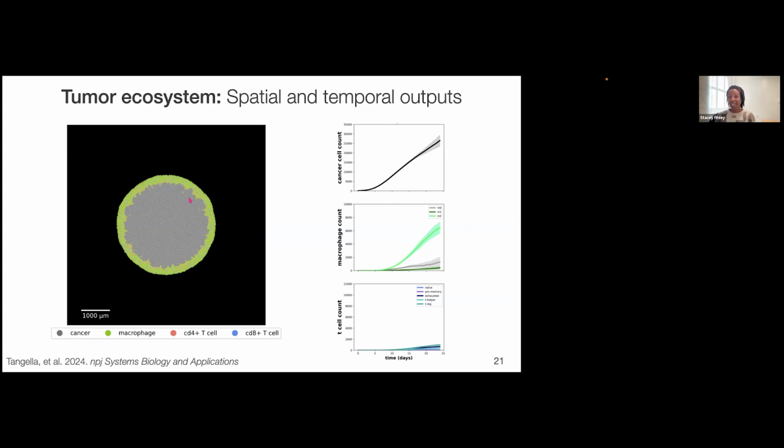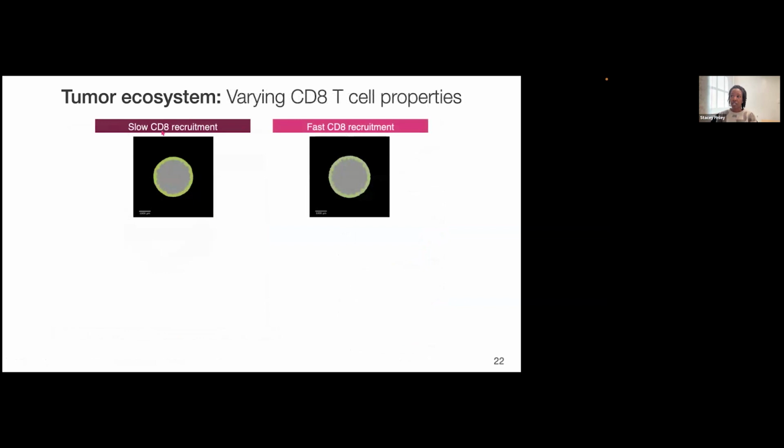Now, we can ask lots of questions using the model, and what we got really interested in is to understand how different properties of T cells, specifically CD8 positive T cells, influence this spatial map, the output of our mathematical agent-based model. We can say, well, maybe in some cases, CD8 positive T cells are recruited more slowly to the tumor, or maybe in other cases they're recruited more rapidly.